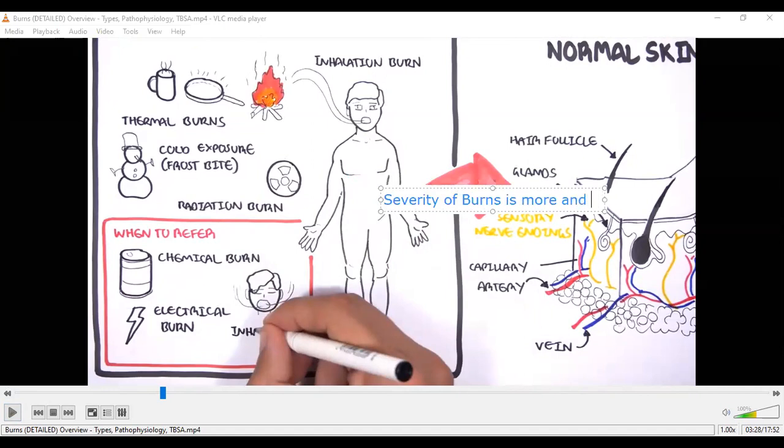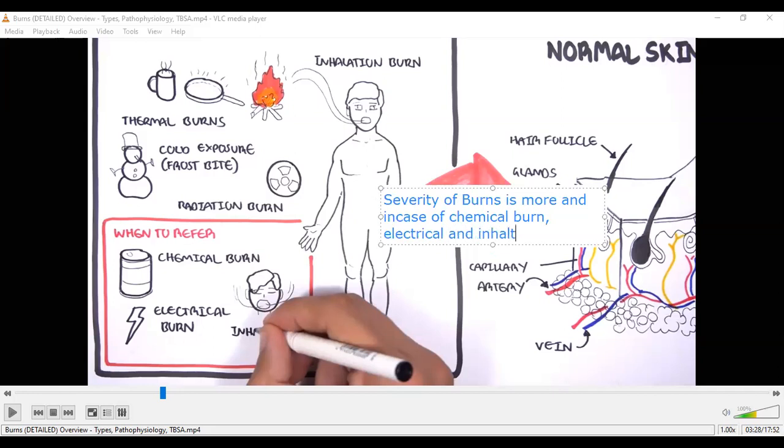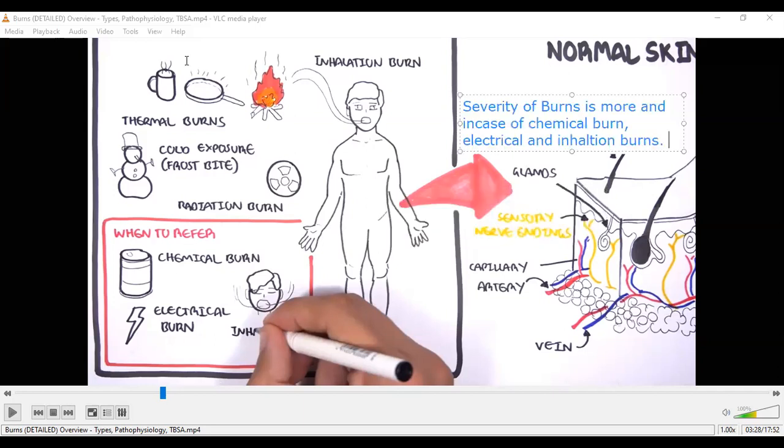And in the case of chemical burns, electrical burns, and inhalation burns, you are by default referring to the burn center. Is it okay? Clear about this?